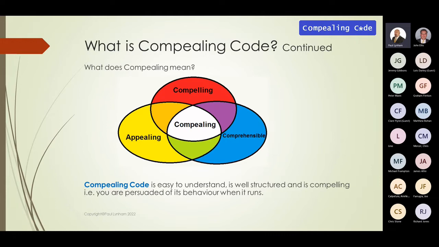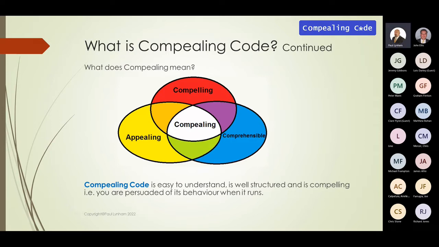So the three things are comprehensible, which is your understandability, your appealing attribute, which is that the code is well designed, that it's got good structure, and it's easy, again, it's easy to read, and then compelling, which is the bit about whether you're confident that when this code runs, it'll do what it's supposed to do.